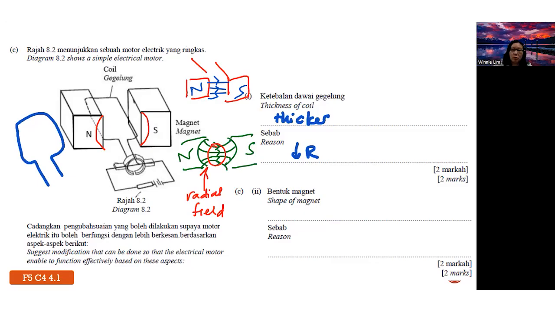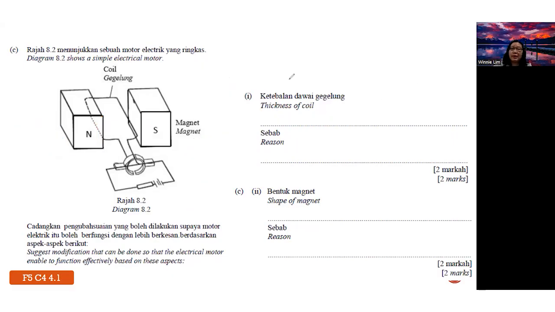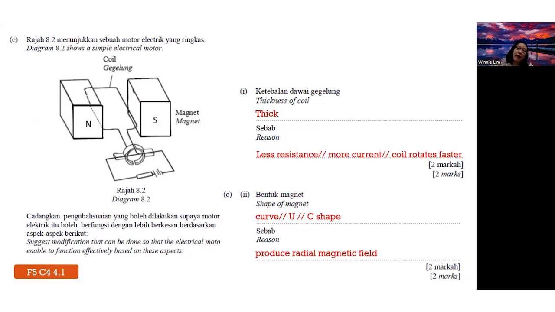This is the idea for problem-solving questions. They want you to give your suggestion and reason. If you're not sure of the reason, at least try to give one when they ask you thick or thin. Like I said, the thickness should be thick, with low resistance, then more current, so the coil will rotate faster because the combined field produced will cause a greater force, so it will turn even faster.